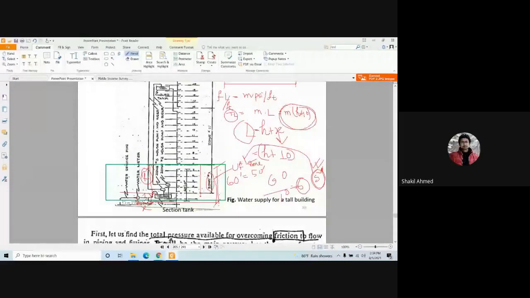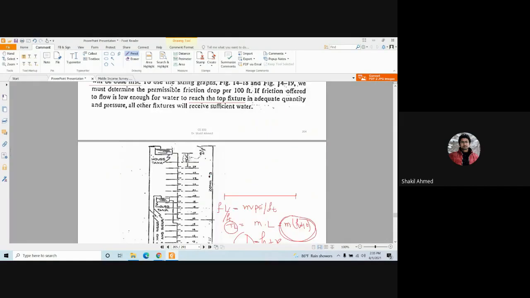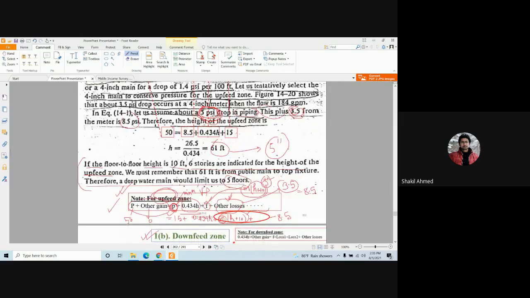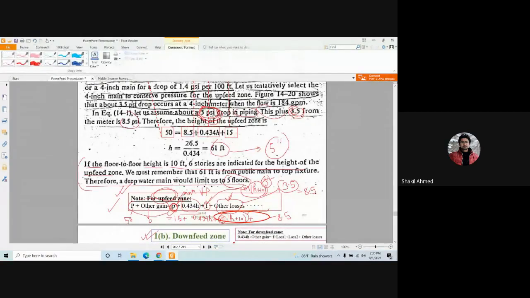Because as you move upward, the pressure decreases. As a result, the topmost floor will get the lowest pressure, and that's why your concern is whether you would be able to provide the minimum fixture pressure here. So always remember, for the upfeed zone, minimum fixture pressure.